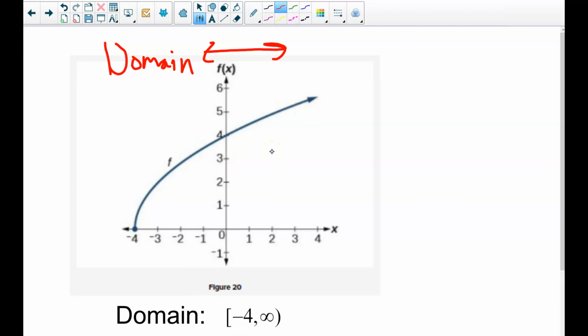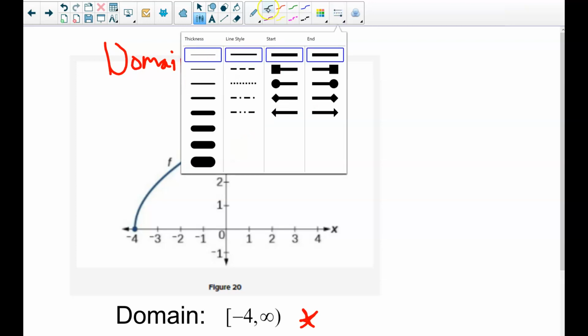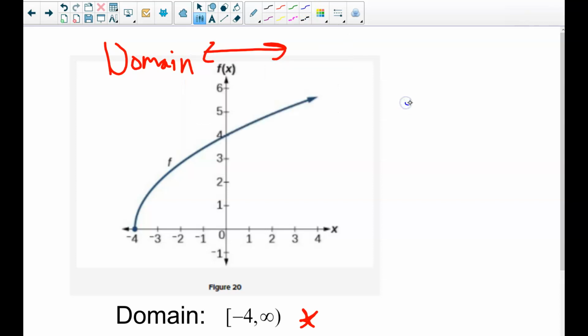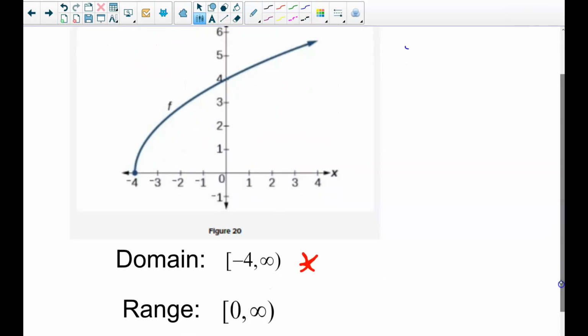So it's everything x is greater than or equal to -4, it looks like in this function. So a bracket around -4 because it's included, and then it goes everywhere in that positive direction. So this is what our interval notation looks like for this one. Okay, and then if we go back and look at the range for this one, and we try to write that out, the range is a closed bracket around 0, and the reason it's a closed bracket around 0 is because that's the lowest value.